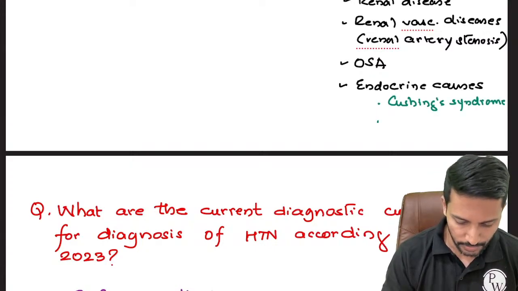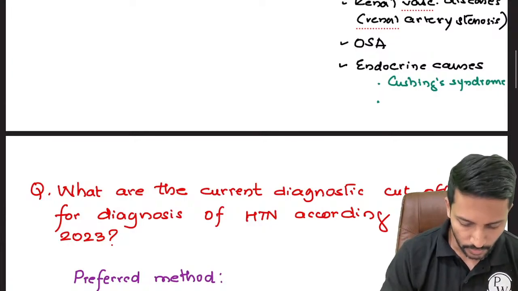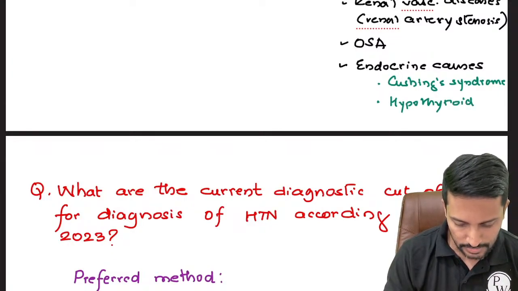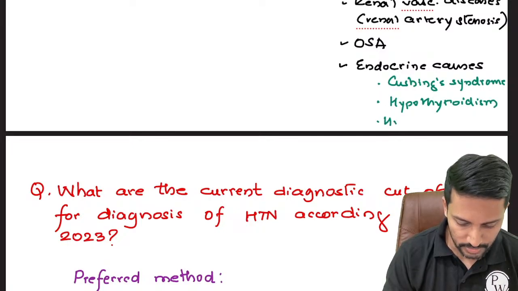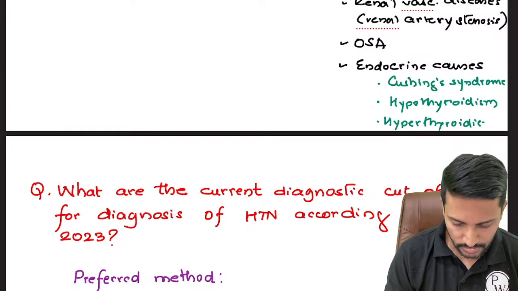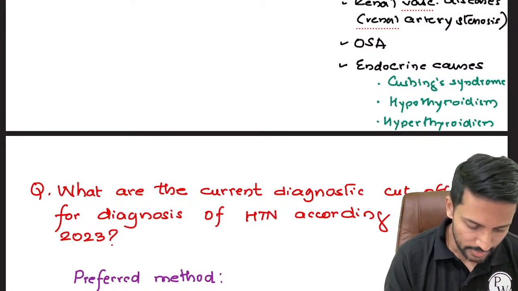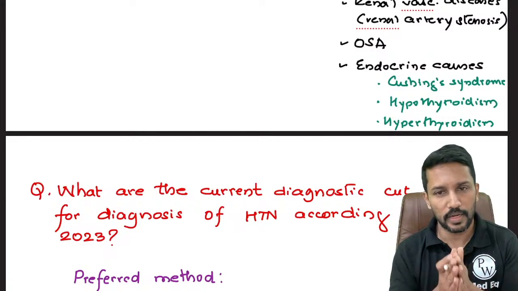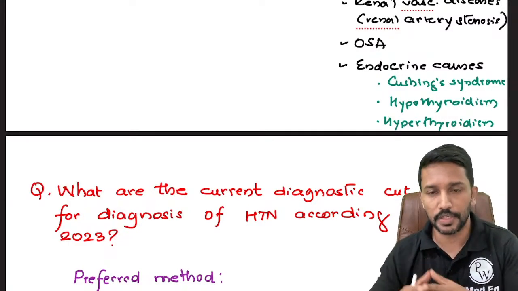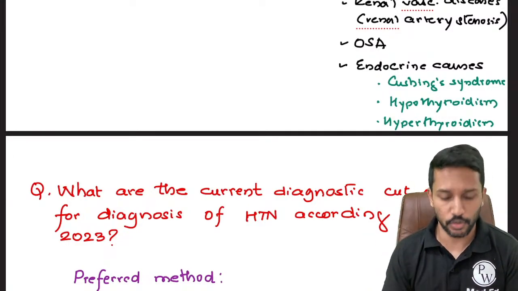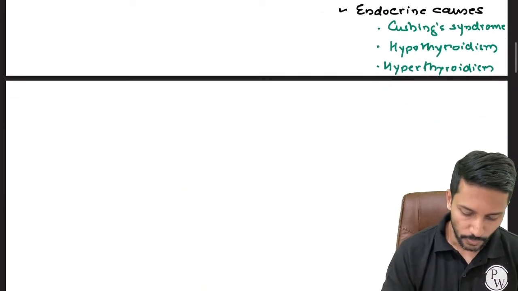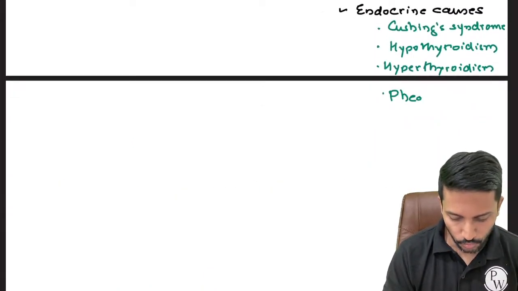Then you are very much familiar with hypothyroidism causing hypertension, as well as hyperthyroidism causing hypertension. Okay, any other endocrine disorders? I will give you a clue. Patients present with episodes of palpitation. Whenever they come with palpitation, their heart rate will be high and their BP will be quite high. So what disorder am I thinking about? Yes, the pheochromocytoma.